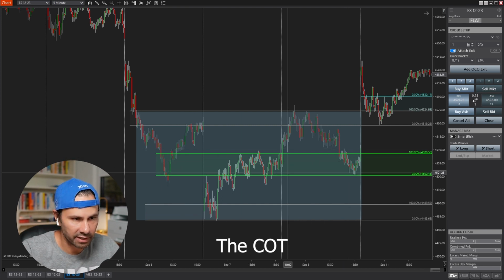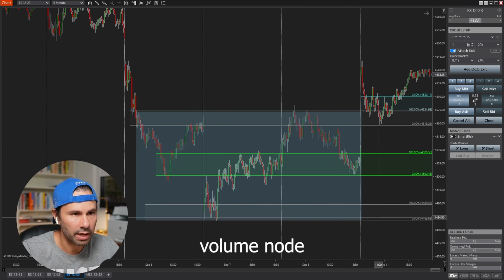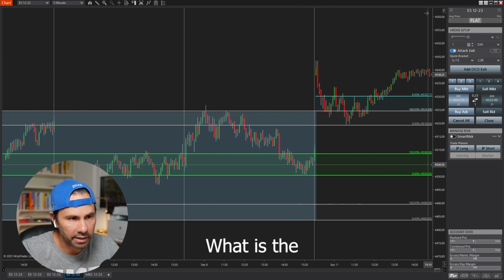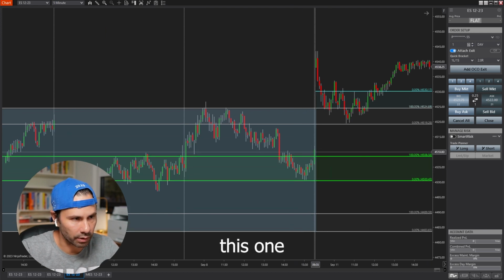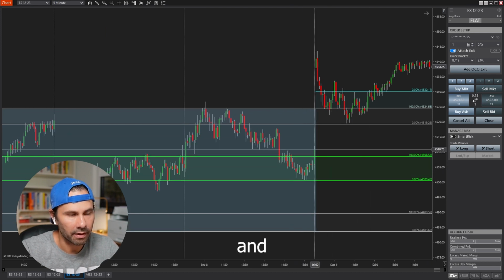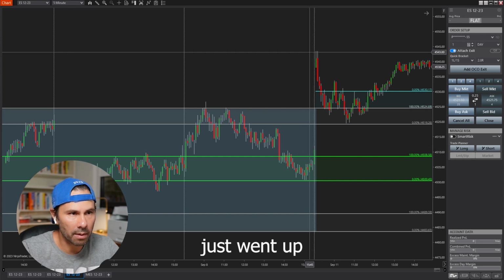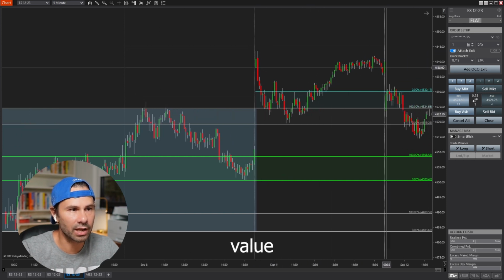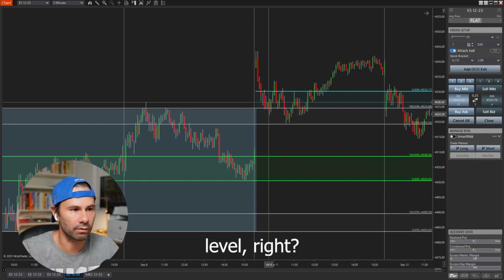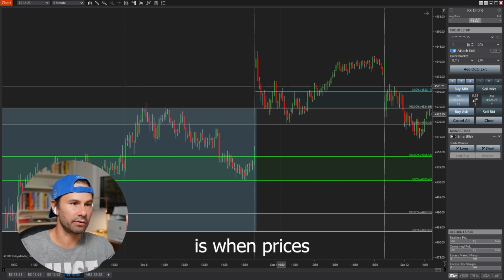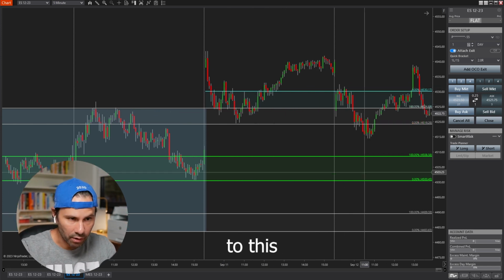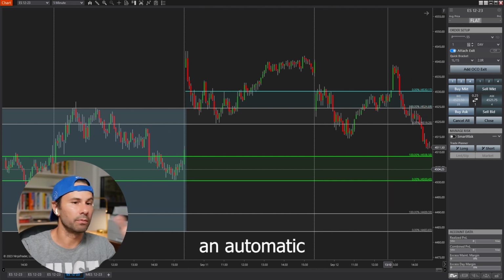The COT or the high volume node and the launching point. What is the launching point? You have this one. From here, the market just went up and established value in another level, right? So my assumption is when prices come down to this level, it's an automatic fade.